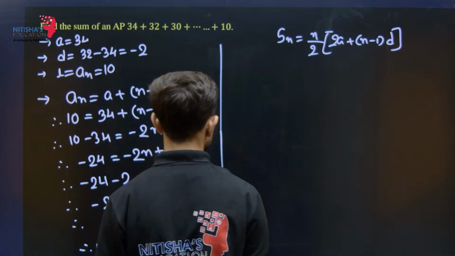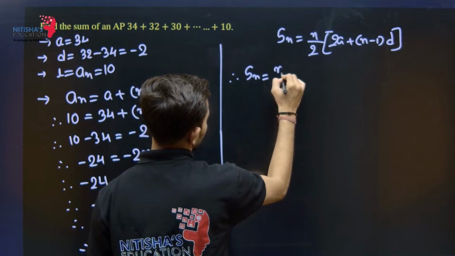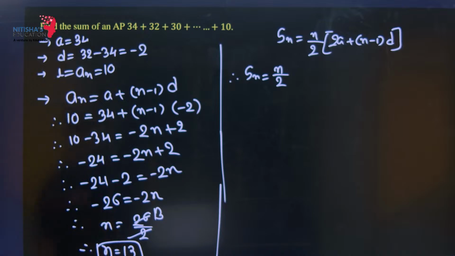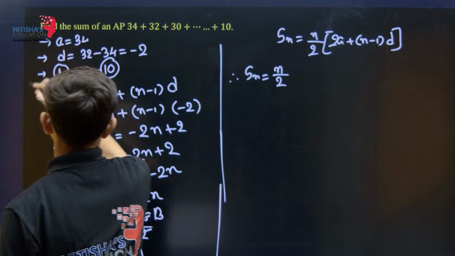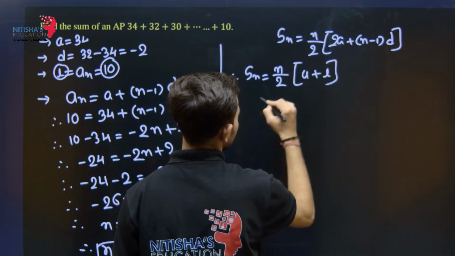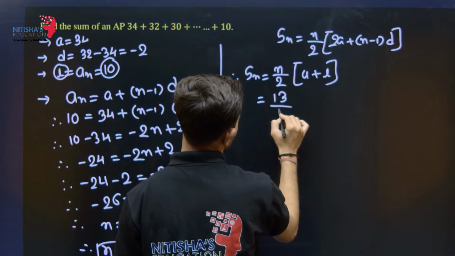Now we got the value of n. Now we can find the sum. Therefore, Sn is equal to n upon 2. We already discussed in our basic concept that when the last term is given, we can use the formula n upon 2 into a plus l. Use this formula. What is the value of n? It is 13, divided by 2.